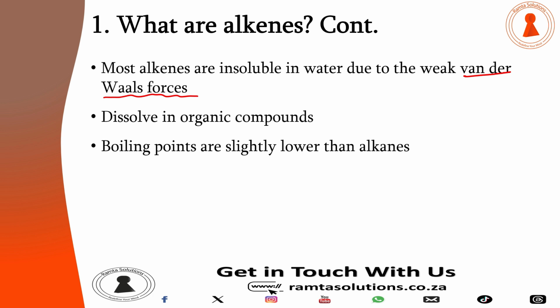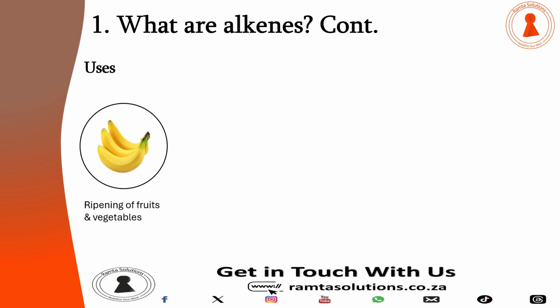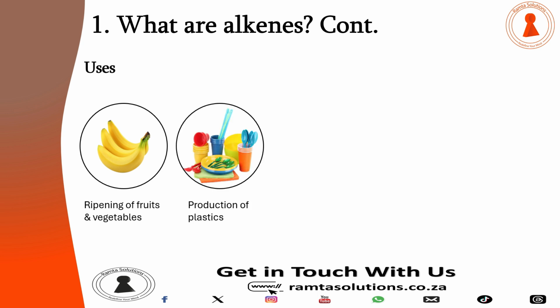Now, let us look at the uses of alkenes. I want to show you something that you are not aware of. The ripening of fruits and vegetables. That is alkenes in action. Do you want another example? The production of plastics.